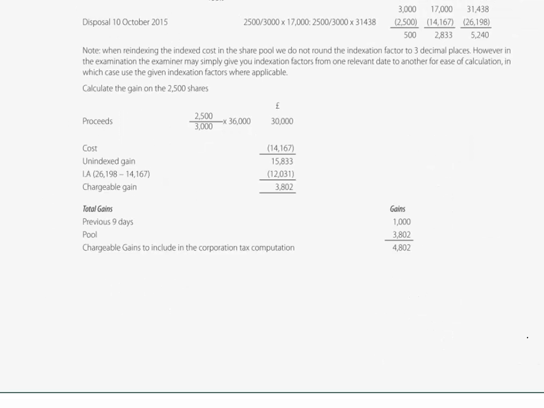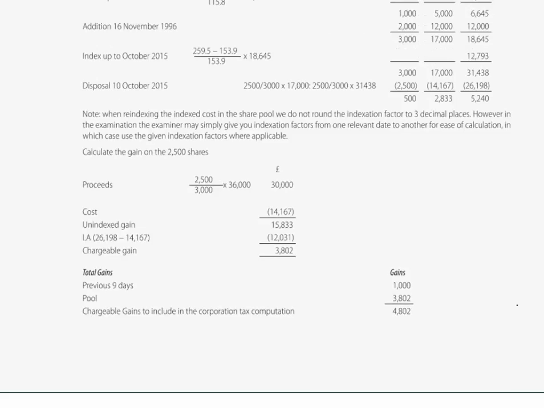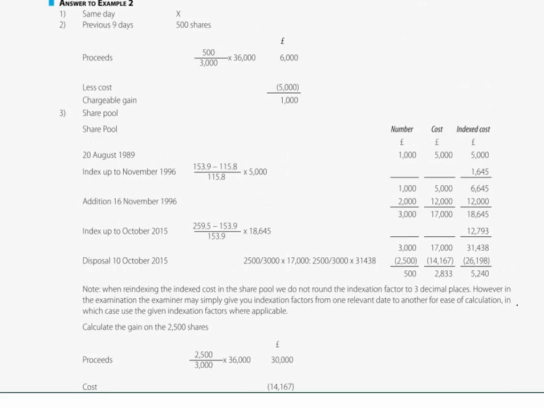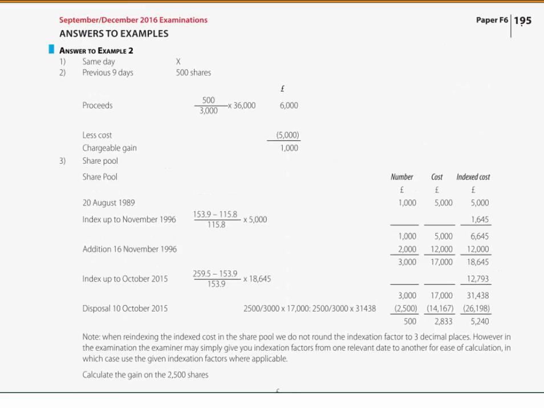Well, if you now look at the answer to the example there in the back of the course notes, I think it's on page 195. I'll just check for that. Yep, there we go, page 195. If you check through, you'll see the initial calculation of the gain on the shares sold from the acquisition within the previous 9 days.